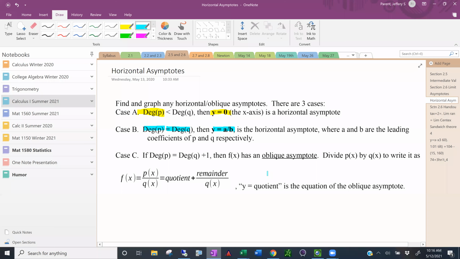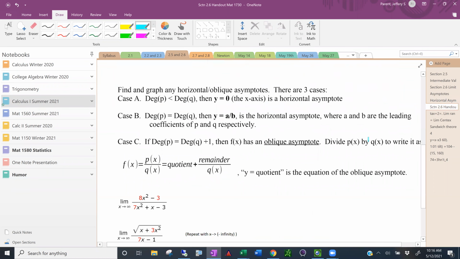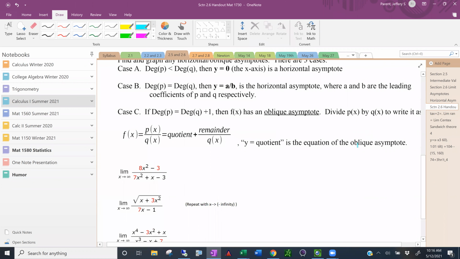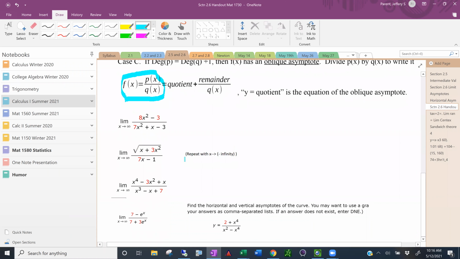And actually, I do want to be back here. Now for all of these, I'm assuming that we have a rational function that is P of X over Q of X, a polynomial in the numerator and a polynomial in the denominator. We'll start with a friendly one.